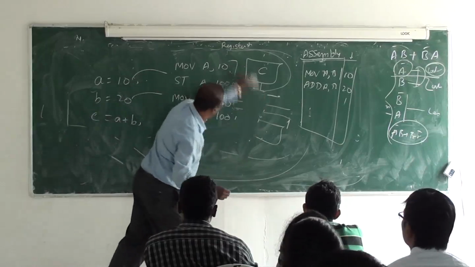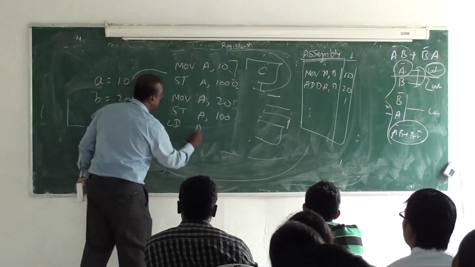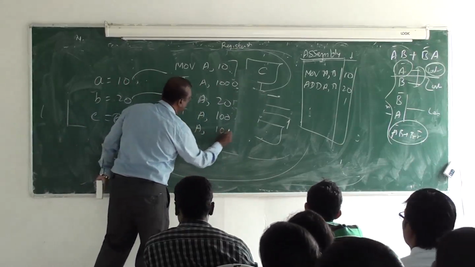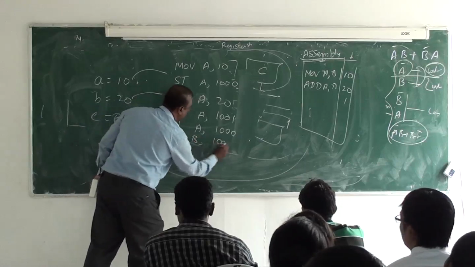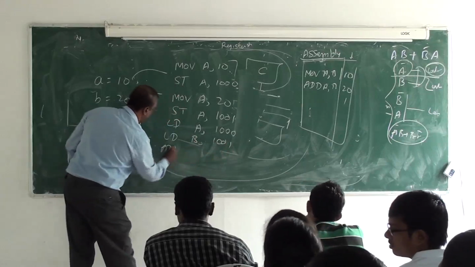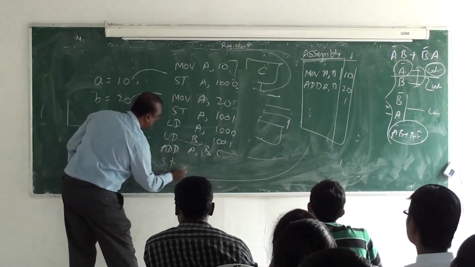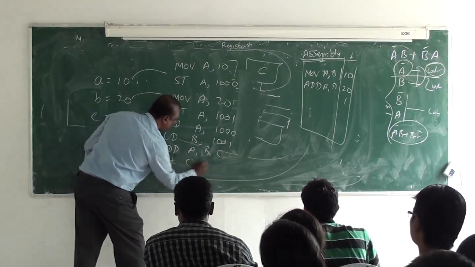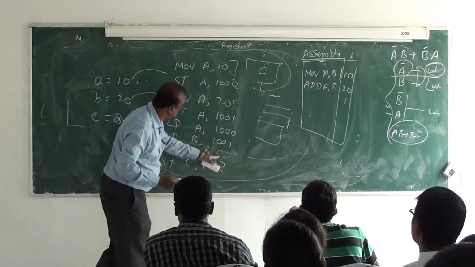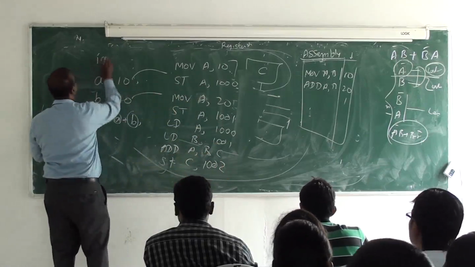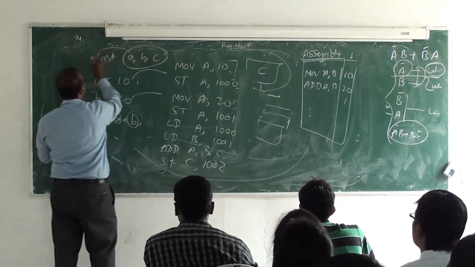Then for reading, I say load A comma 1000, load B comma 1001, add A comma B comma C, store C comma 1002. So these 1000, 1001, 1002 are nothing but int A, B, C. This is called allocation.